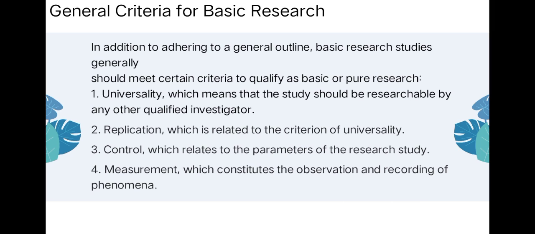Number 1, universality, which means that the study should be researchable by any other qualified investigator. 2, replication, which is related to the criterion of universality. 3, control, which relates to the parameters of the research study. 4, measurement, which constitutes the observation and recording of phenomena.